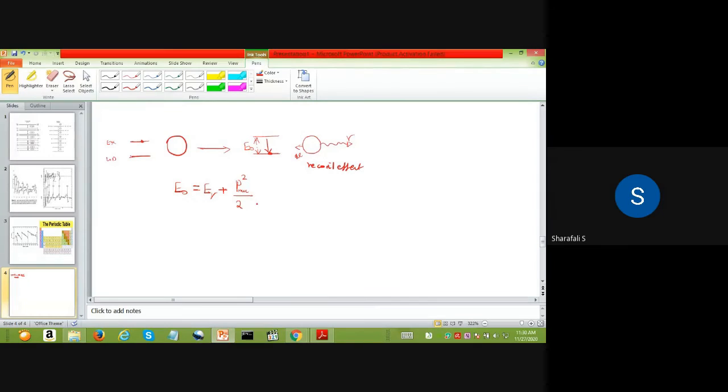That is the kinetic energy which is associated with this recoil effect.